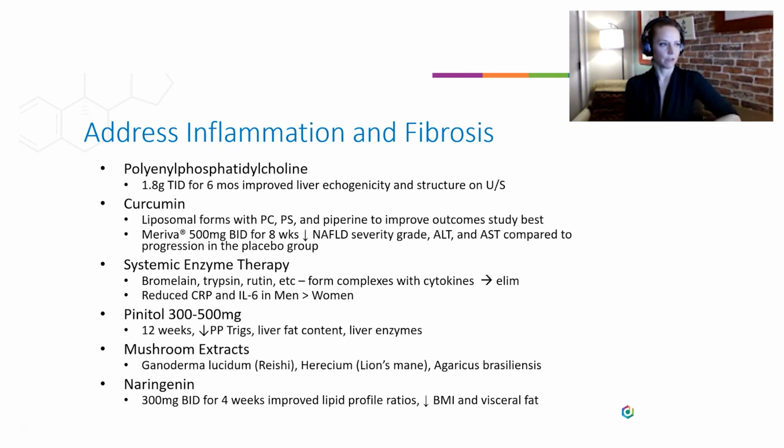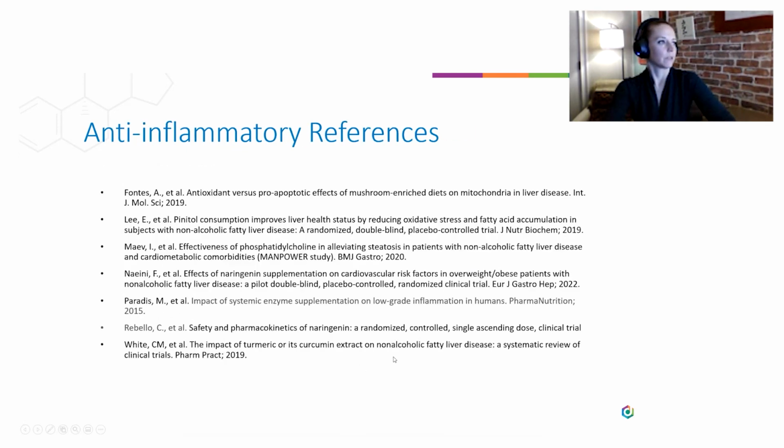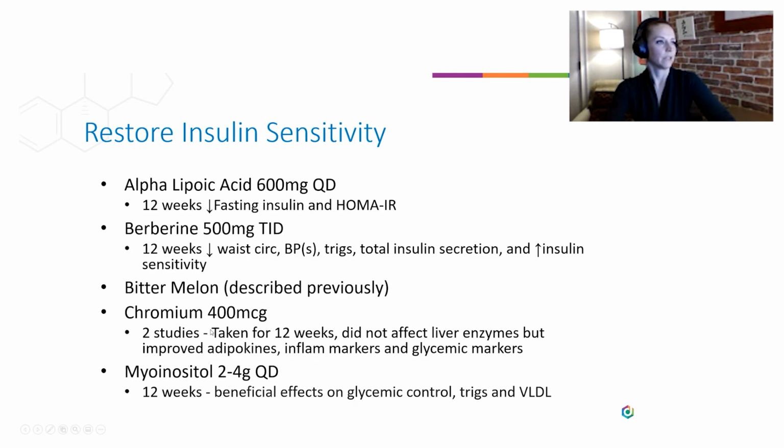Mushroom extracts have a little bit of traction behind them, and naringenin, going to keep my eye on. It's one of our polyphenols from oranges, and you can get some pretty good changes in 4 weeks, in fact. So definitely thinking about some of those anti-inflammatories as part of the regimen.